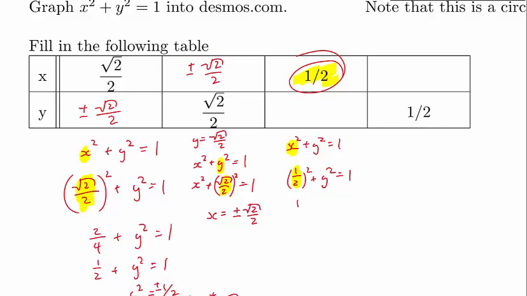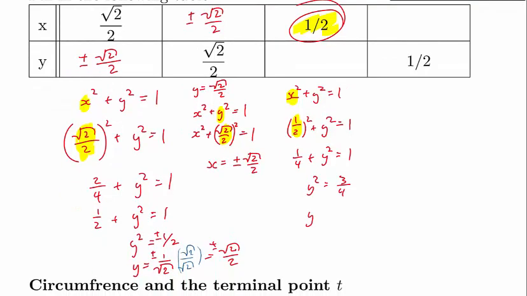And then we just work it through. 1/2 squared is 1/4. Again, plus y squared equals 1. Subtract 1/4. And we get 3/4. Take the square root. And we get positive or negative square root of 3 divided by 2.